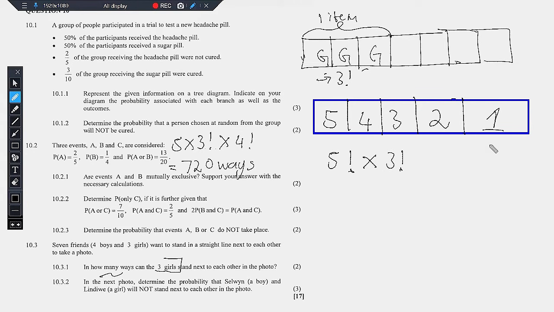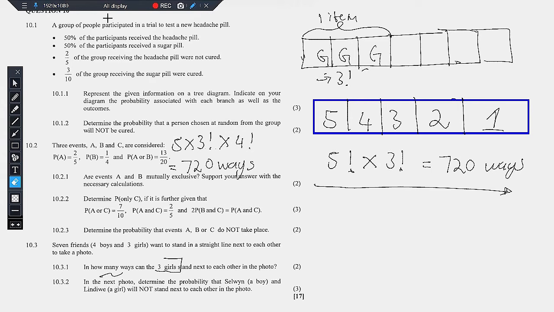So we have 5 factorial ways if we take them as one item, but we also need to remember this one item that we have taken can be arranged in 3 factorial different ways. So this is 5 factorial times 3 factorial. Then again, you get 720 ways. So now for a 2-mark question, we can agree that it is much more time efficient and much more convenient, right? Okay. So hope that makes sense.